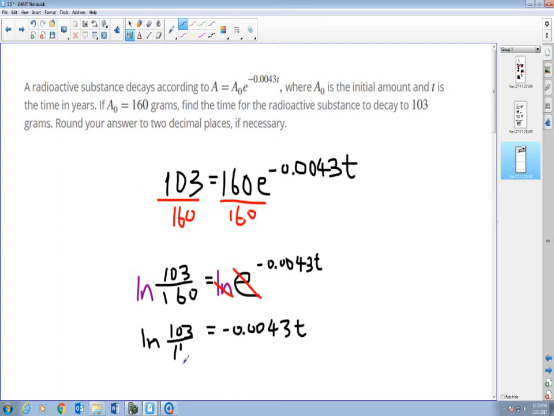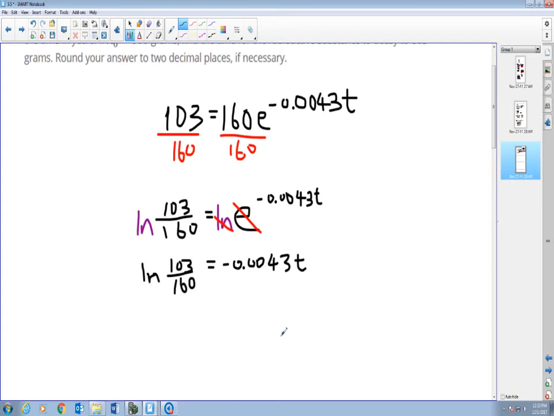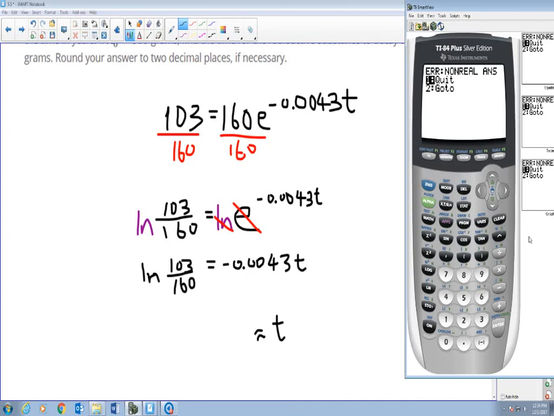So to get t by itself, now all I gotta do is divide by my coefficient, negative 0.0043, on both sides. So in the calculator, I want to type in this first: natural log, which is one term, 103 over 160. Close the parenthesis for the 103 divided by 160.